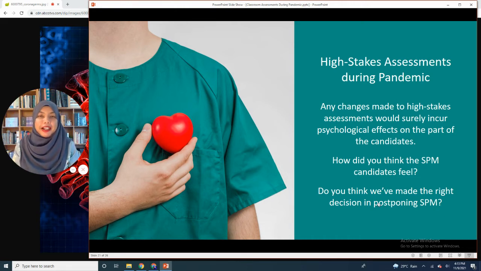And now, because of the pandemic, things were not certain and they had to wait. It is not as easy as it sounds. Especially when a lot of decisions must come out of this assessment. If SPM is delayed, university entrance will also be delayed, and you are not getting any younger. Every time passes, you are going to get older. So, how long can we afford to wait? All these things would add on to anxiety.